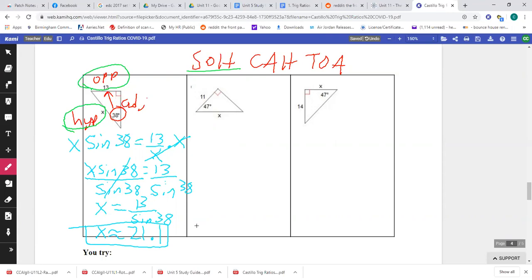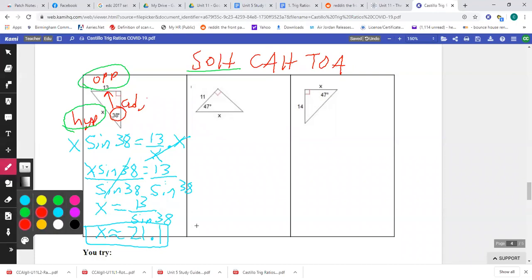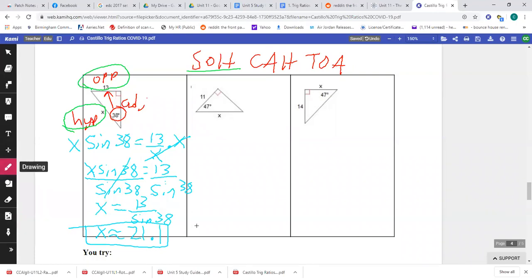So let's see that process one more time. Remember, the first step is to always identify the angle. Then let's label the triangle based on what we know. Across the 90-degree angle is your hypotenuse. Across the 47 degrees is your opposite.